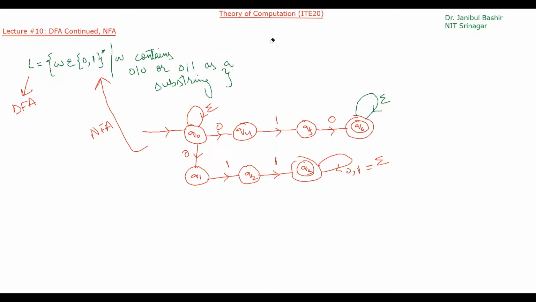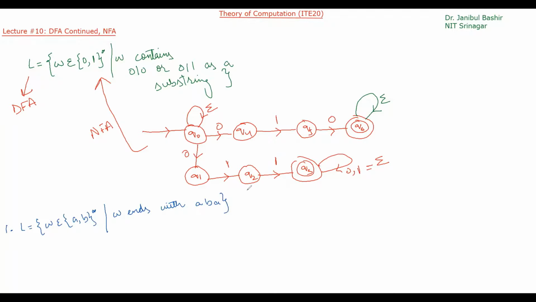Let me give you some examples that you should try on your own. You should design both NFAs and DFAs for these languages, and you will see how easy it is to design an NFA. First, L is equal to W belongs to {a, b} star, such that W ends with ab.